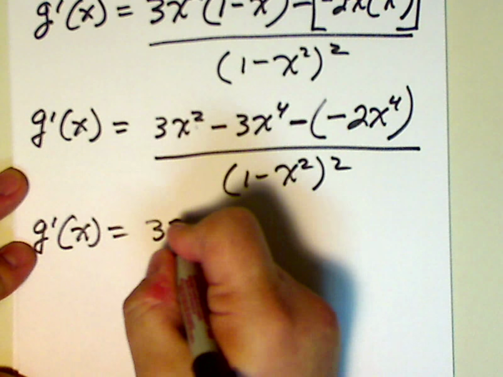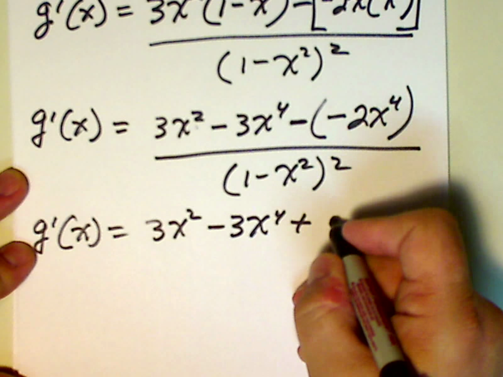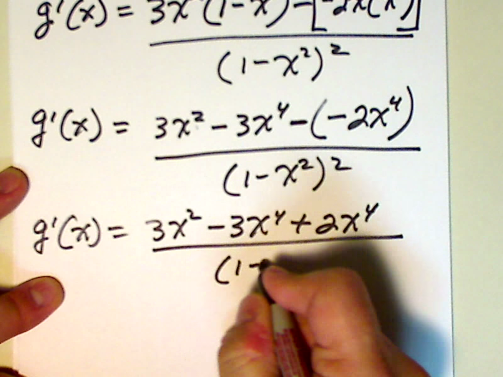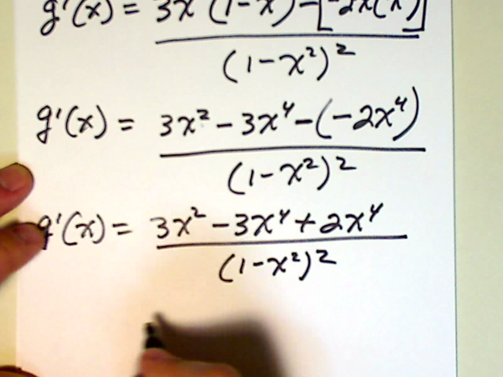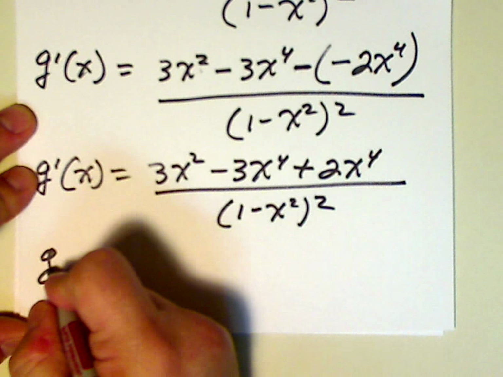So we have 3x squared minus 3x to the 4th plus 2x to the 4th divided by 1 minus x squared, squared. And let's see, I think we can finish it up here.